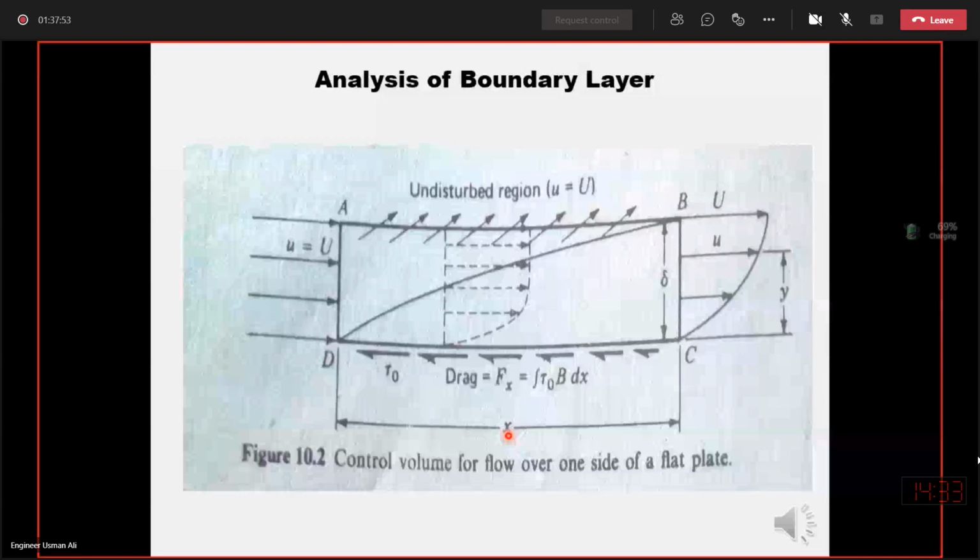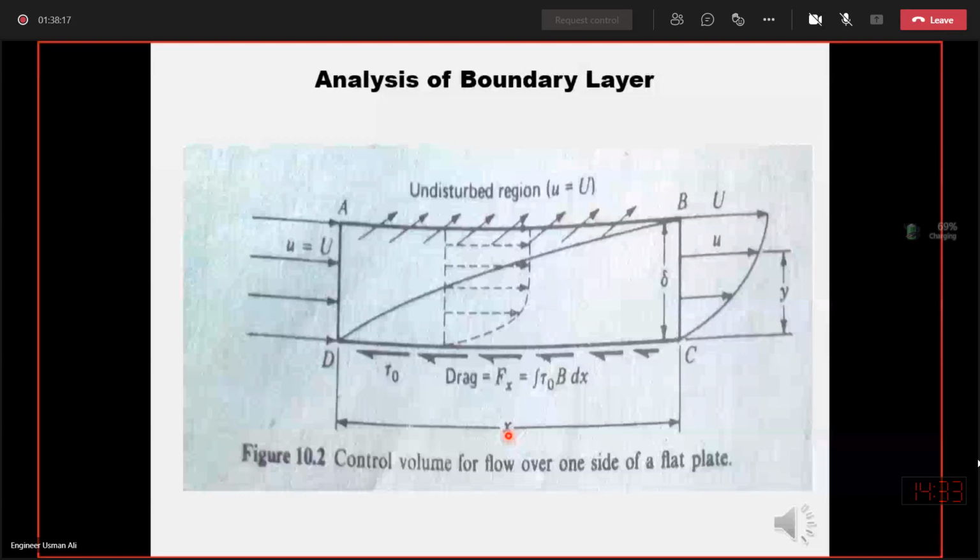Rho and u will be multiplied inside these two terms, minus rho b integral 0 to del u into capital U into dy, minus rho u b del into u. If you see the second term, rho u b del into u, and rho small u b del into capital U, these are the same, so they will be cancelled.